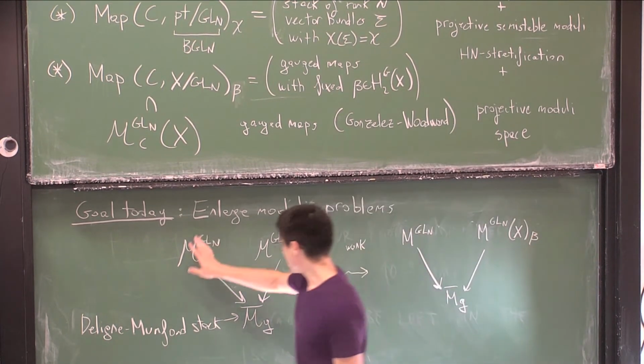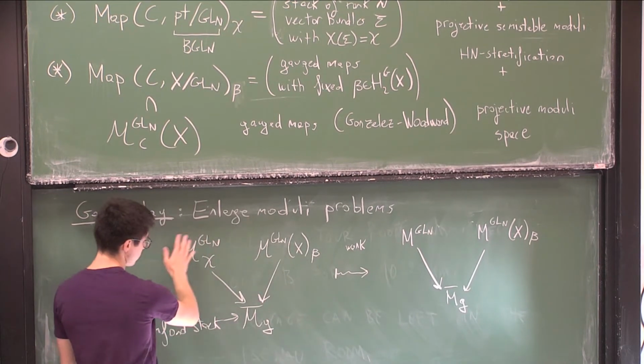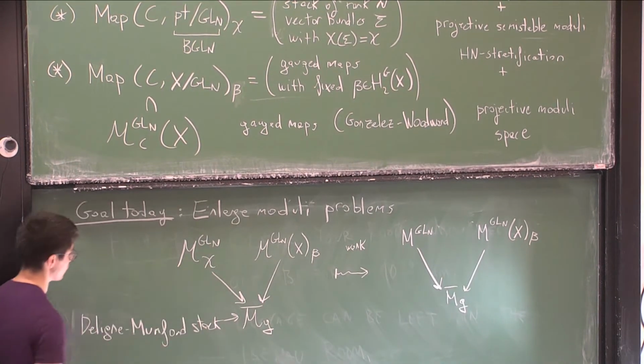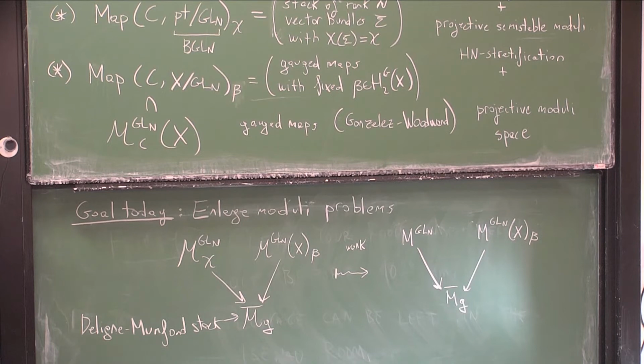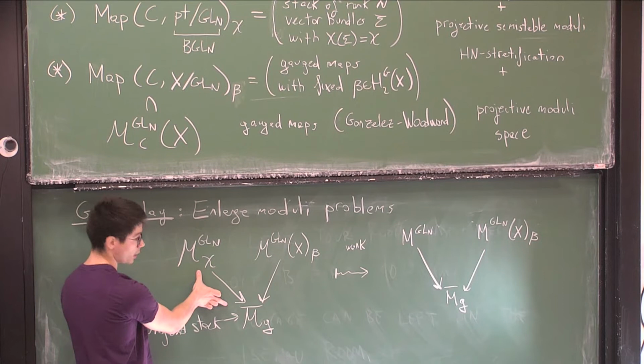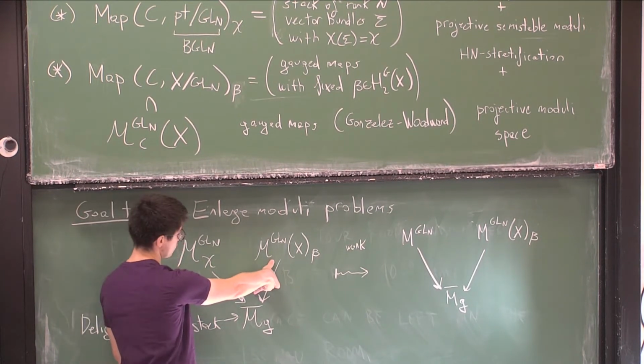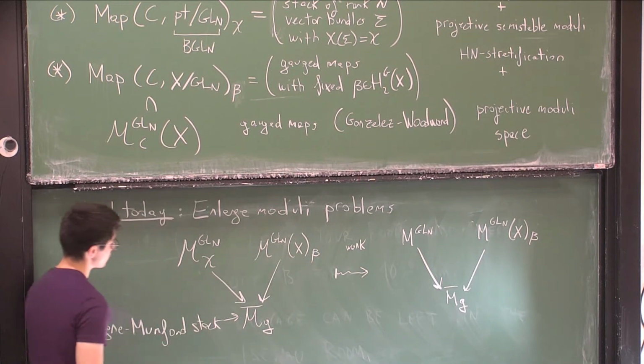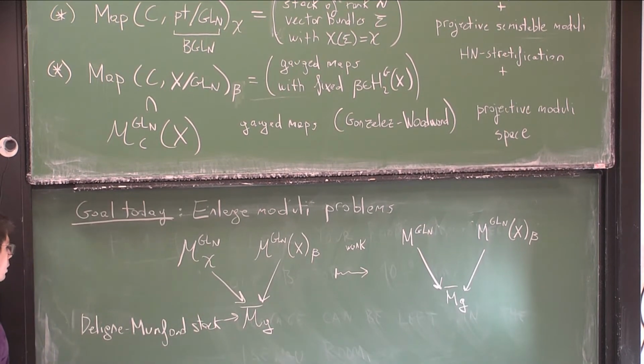So this is kind of a classical story, how to compactify this. I'm going to explain a bit of the history of this and a few of the approaches. I'm going to give a new perspective of how you can think about these compactifications, and that allows you to also get the quasi-maps, which, as far as I know, is a new construction in rank bigger than 1. So when your vector bundle rank n is strictly bigger than 1.